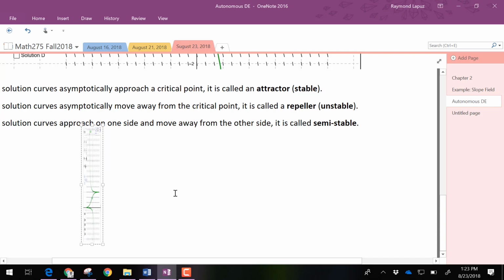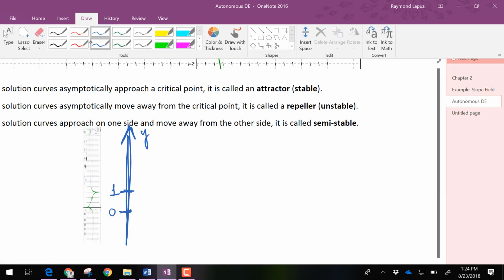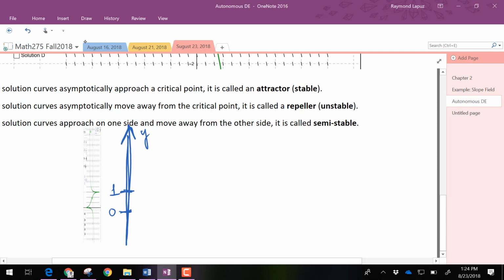Squeeze it down. Whoa. What do we have here? We have the y-axis, essentially. We have y is equal to 1 and y is equal to 0. And then we have the direction of the graph that we can describe.